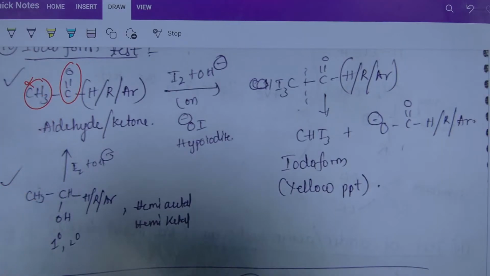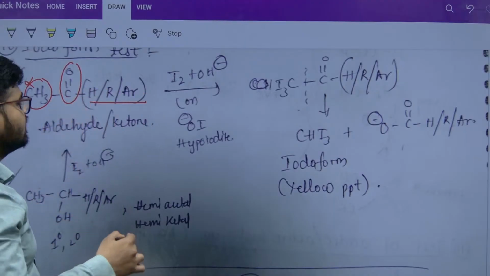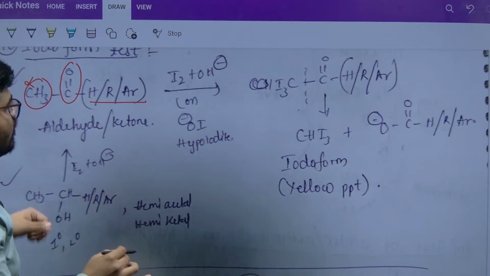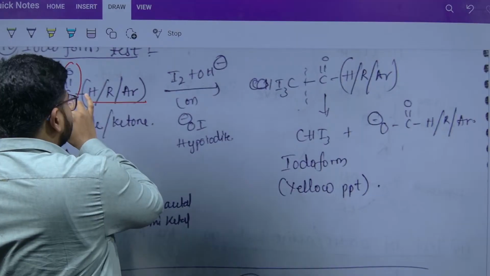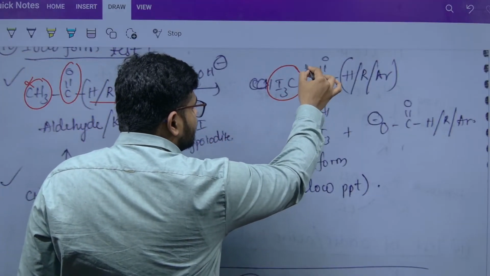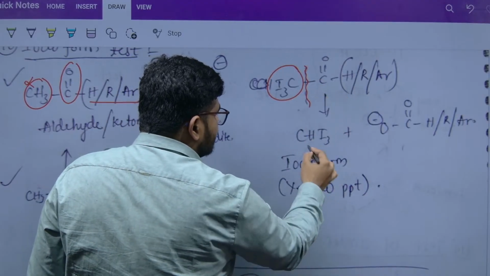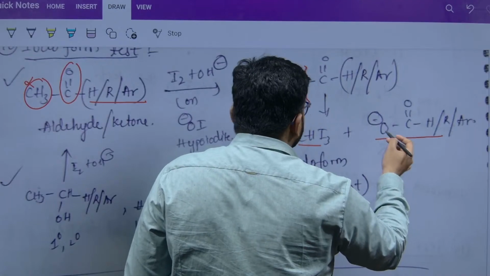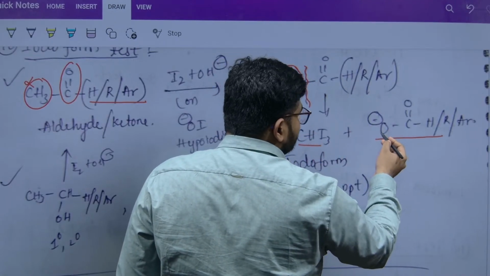Whatever it may be, whether hydrogen, an alkyl group or aromatic group, but CH3 should be there. Then this iodine will be substituted with the three hydrogens, and finally CI3 will be formed, and it will break down and give CHI3 plus this particular salt. Right or not?